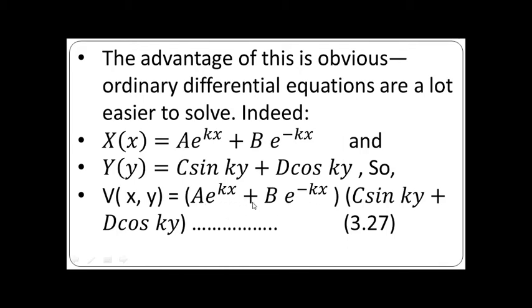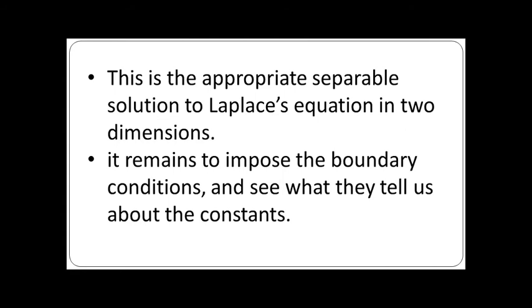If we divide by 2, then 2 is multiplied with A. So 2A into (e raised to kx plus e raised to minus kx) upon 2. And the term inside this bracket is equal to the hyperbolic function, that is cosh kx.